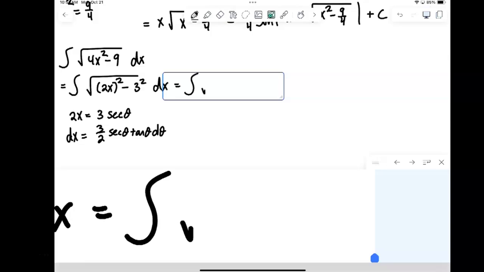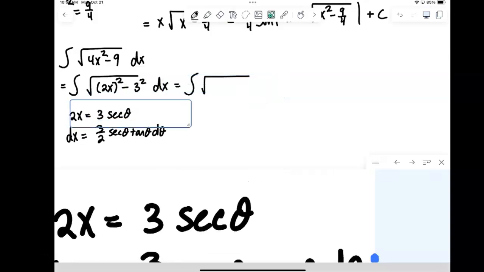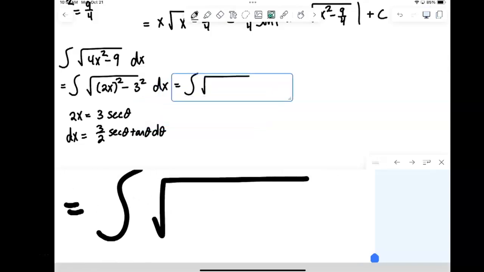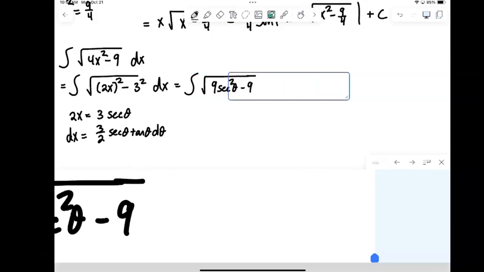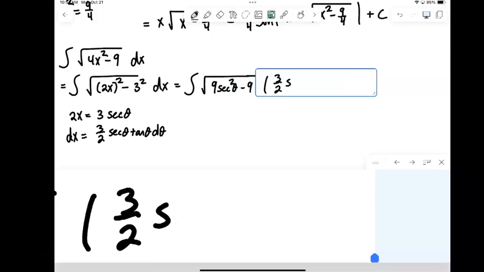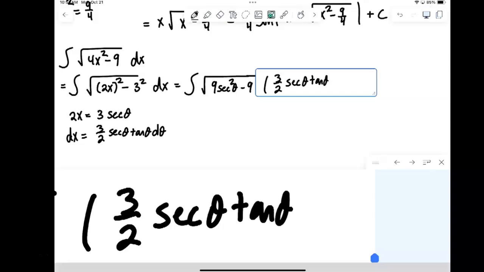So now I'm ready to carry that substitution through. Integral of the square root of 9 secant squared theta minus 9, times 3/2 secant theta tangent theta d theta. Okay.